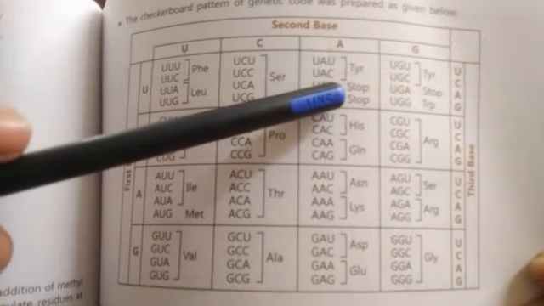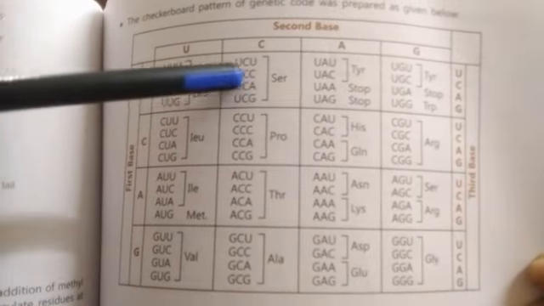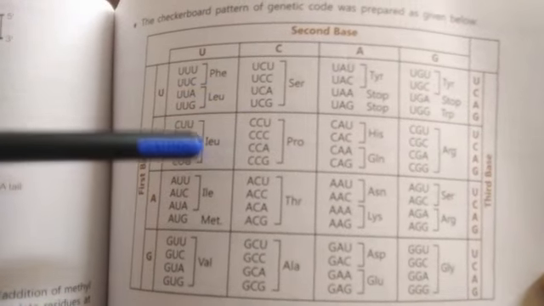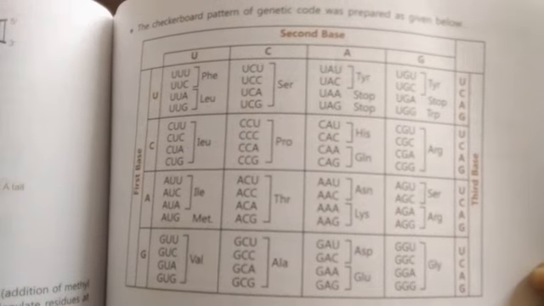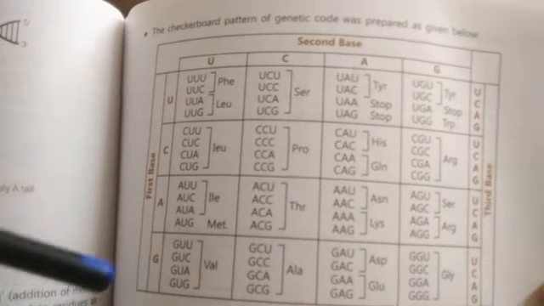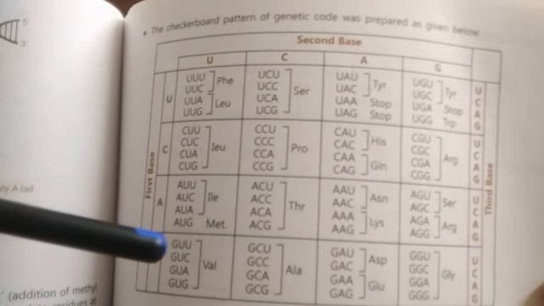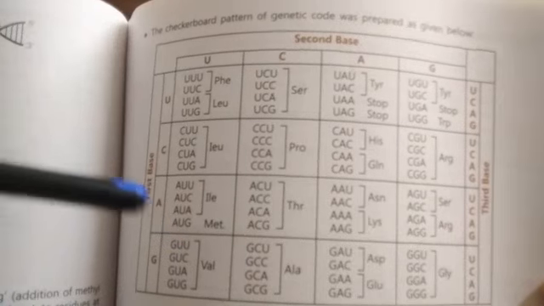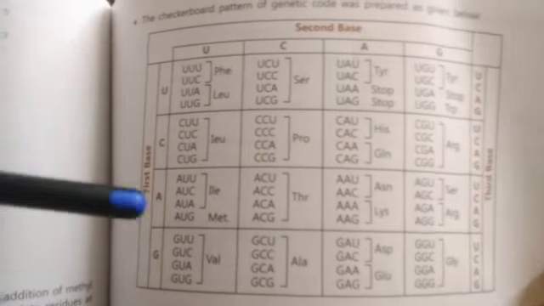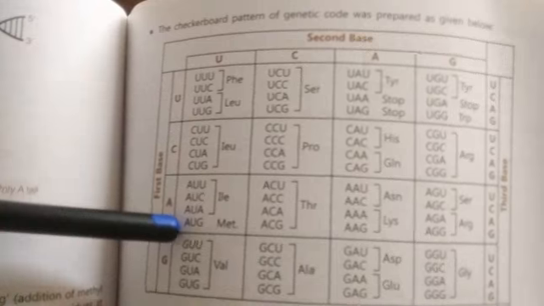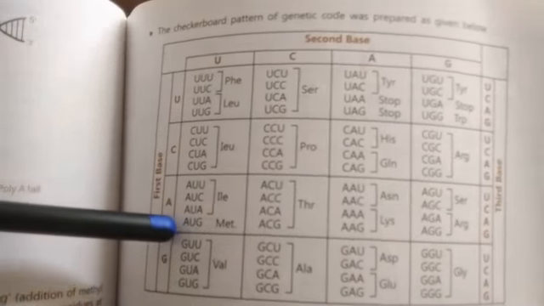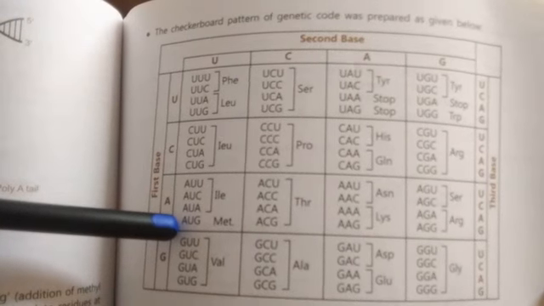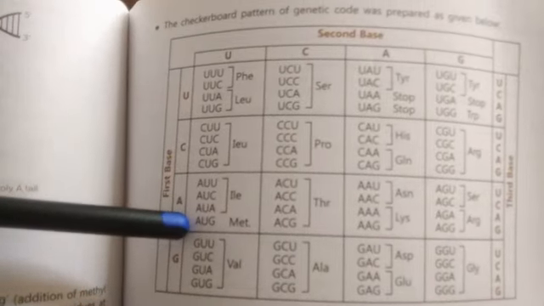When this codon comes, the formation of polypeptide will stop, and these are the codons which are used for the formation of polypeptides. And there is a start codon AUG. This start codon AUG is not only a start codon, it also codes for methionine. So whenever we have to start, it is generally AUG. Rarely GUG also acts as a start codon, but in most cases AUG is the start codon.